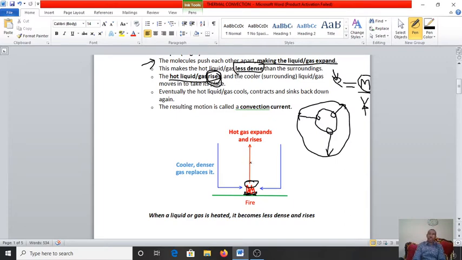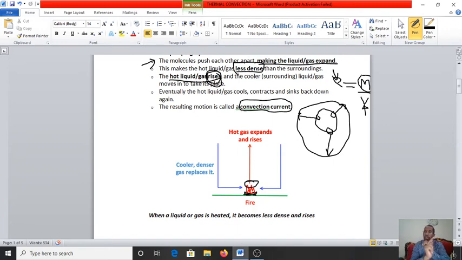This is shown by this red arrow. Then the cooler, denser air, which was up, falls to fill this vacuum created here. And this results in a circulation, in a movement of fluid due to that difference in density. That flow of fluid due to differences in density is what we call a convection current.